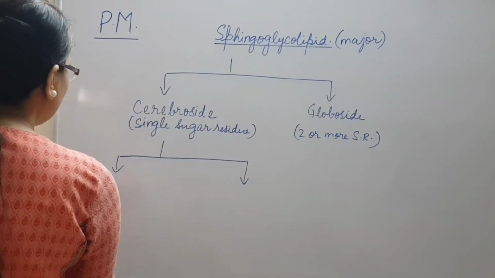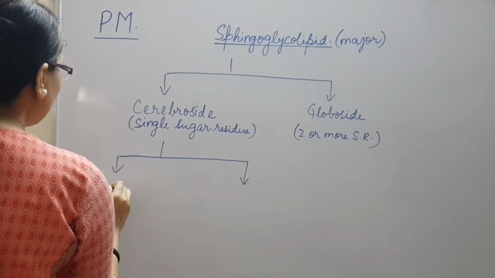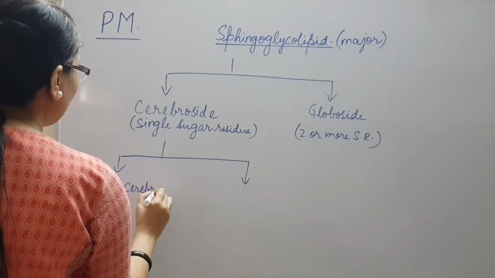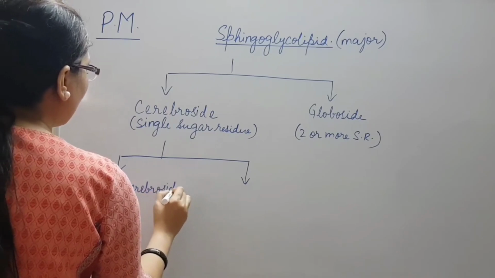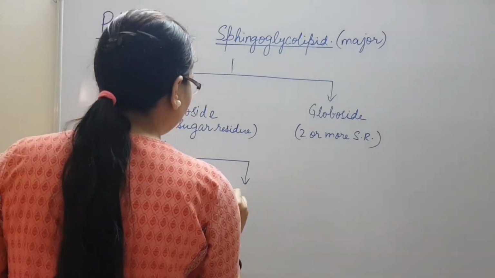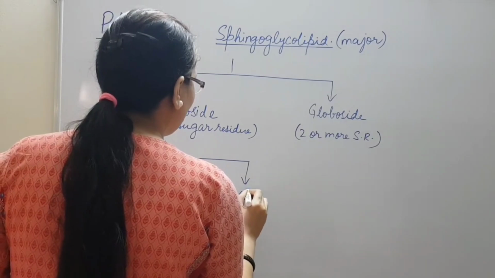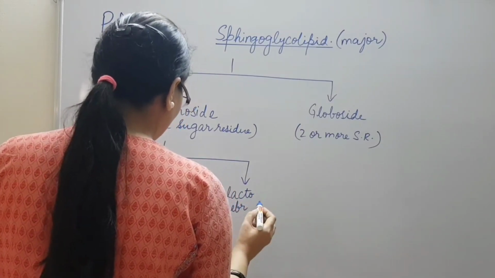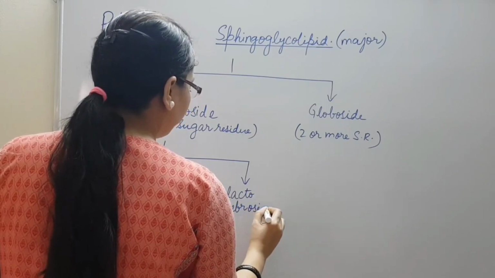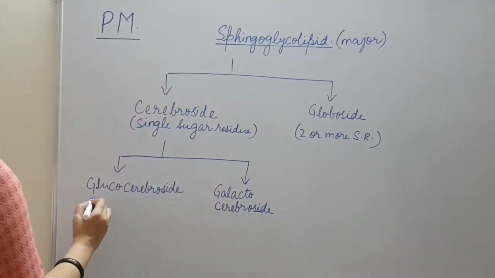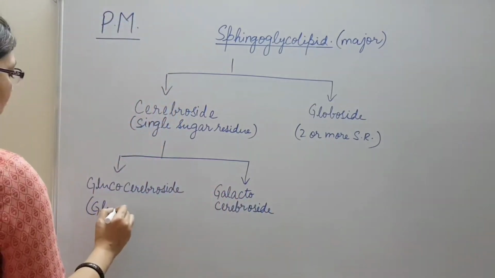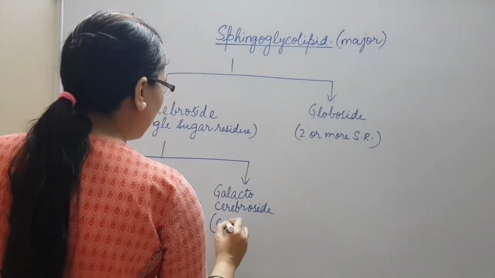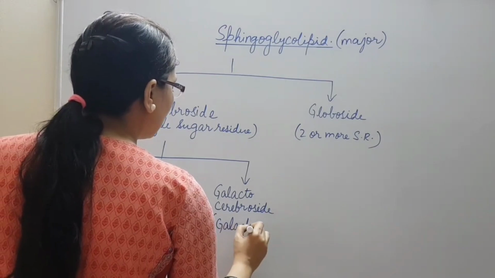This cerebroside is classified into glucocerebroside and galactocerebroside. Glucocerebroside, if the sugar residue that is attached is glucose, and galactocerebroside if galactose is attached.